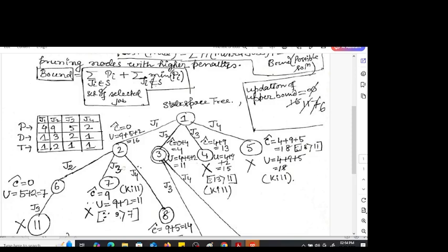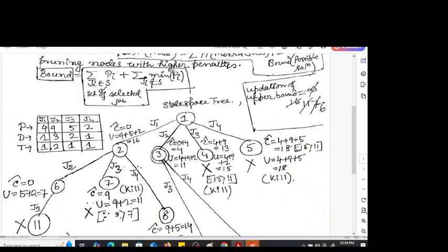Upper bound means penalties. For cost, if I pick the ith job, then all penalties until i minus 1 will be summed up, and that will be the cost. Let's say I'm picking job J3, then job J1 plus job J2's penalty will be the cost. If I'm picking job J4, then J1 plus J2 plus J3's penalty will be the cost for J4.